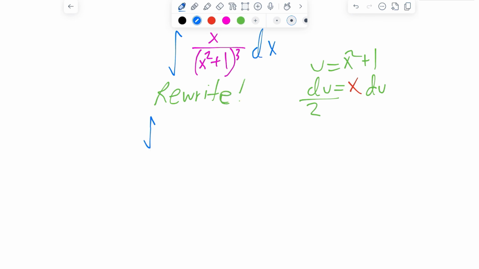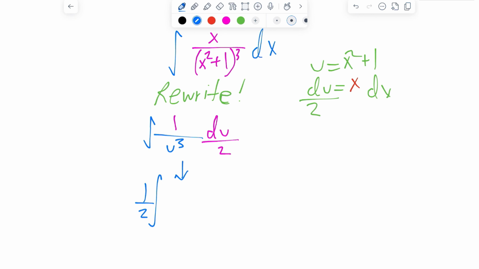And so we get the integral of something over u cubed. What's the something? It's 1. It's not x because du over 2 equals x dx, canceling it out. So we get the integral of 1 over u cubed times du over 2, because the x dx in the original integral is replaced by du over 2.